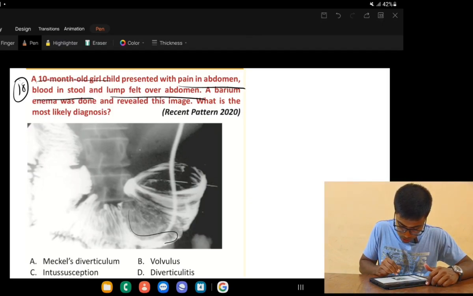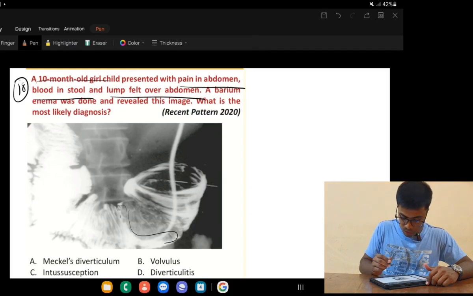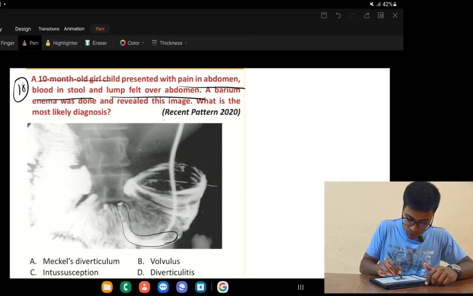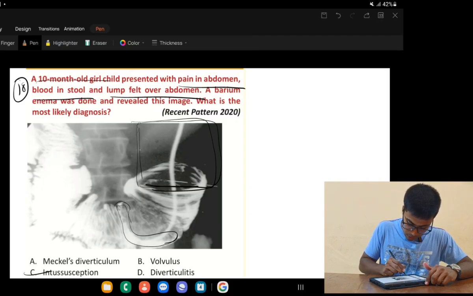I am seeing probably a claw sign. For me, I am seeing a claw. I don't know about you, but it is intussusception. Another thing you can see is that there is no intestinal part here. So this is probably intussusception.